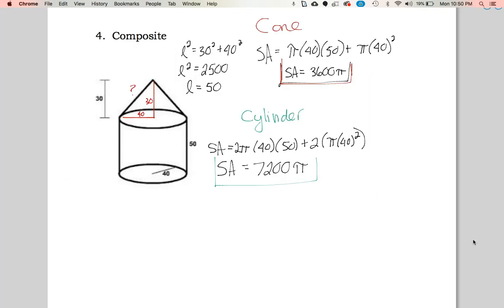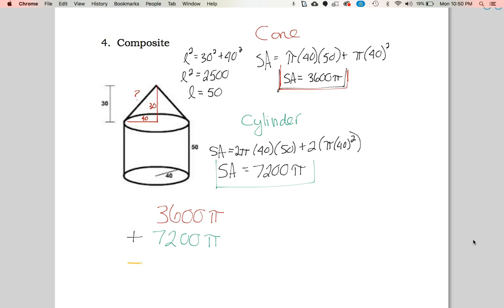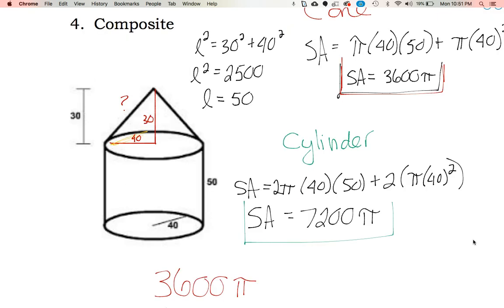So now we're going to add those together. So 3,600 pi plus 7,200 pi minus, here's where they're glued together.